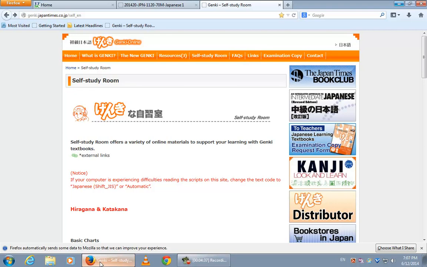Because this very simple structure, A wa B desu, is what they taught us in lesson 1, right? But now in lesson 3, we're going to learn slightly more complex sentence structures, and you're going to find out that those parts also sometimes can move around.